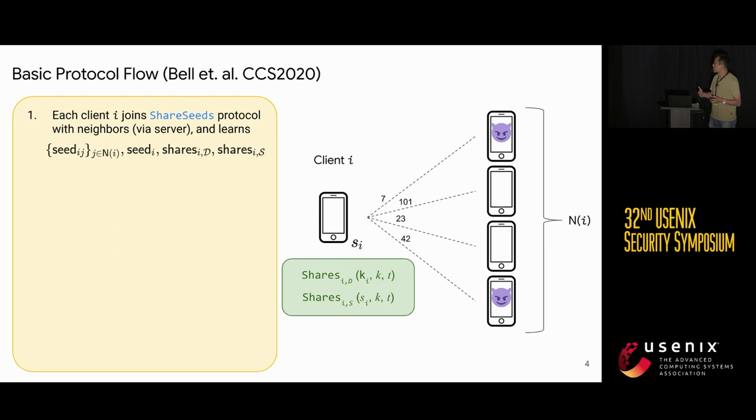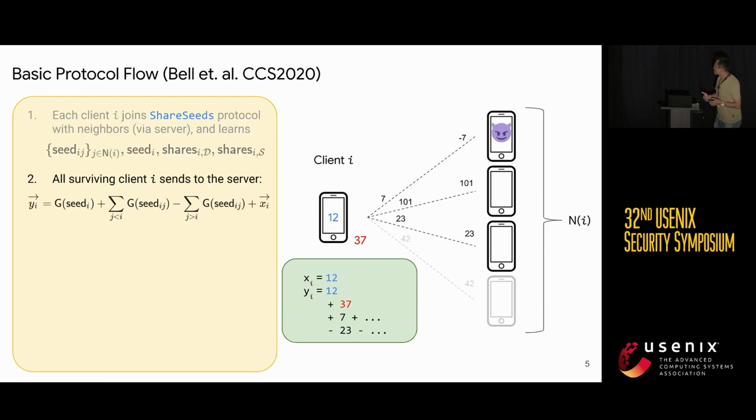The goal of this subprotocol is for every client to learn a set of pairwise seeds and a self-masking seed, and two sets of secret shares. One helps in the case when a client drops out, and the other helps the server learn the aggregation of the self-masking secret at the end of the protocol.